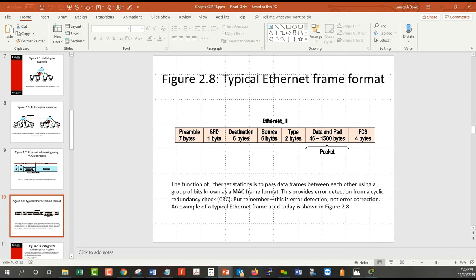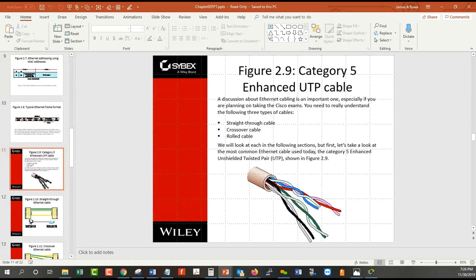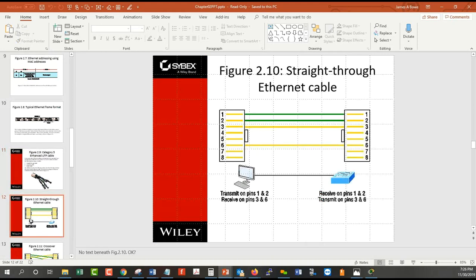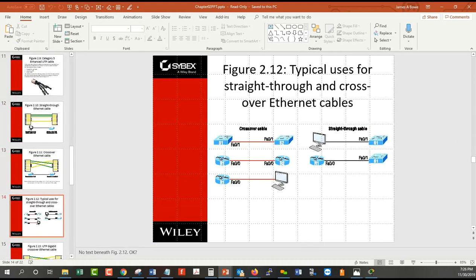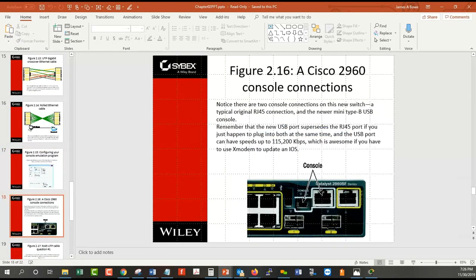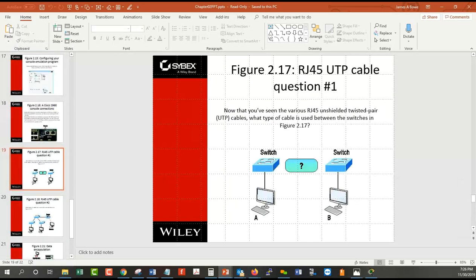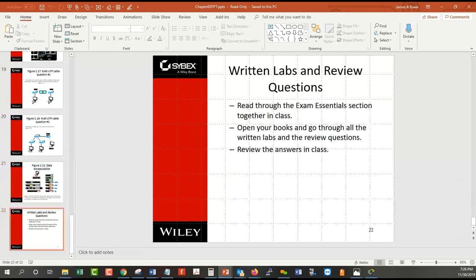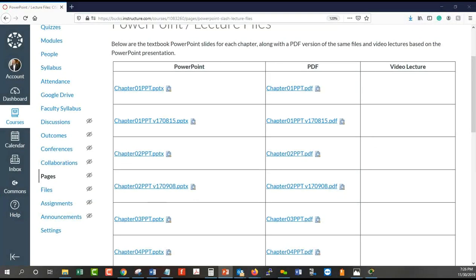And you can tell because you've got the destination address and the source address, and it's only 6 bytes long. We talked about the different types of cables. I'm not going to go over that because most of you have that down and are in pretty good shape for that. Okay, so that's good. Let's go to chapter 3.